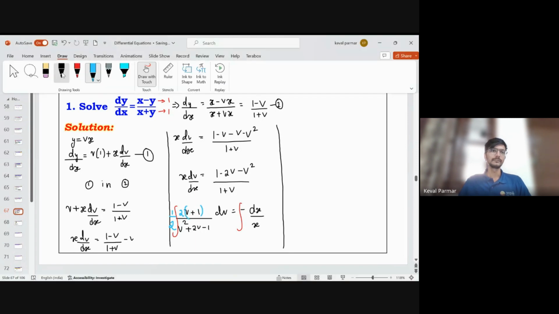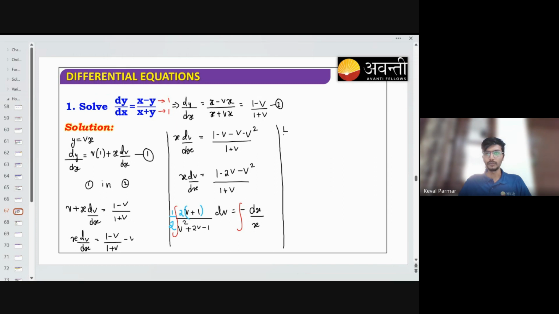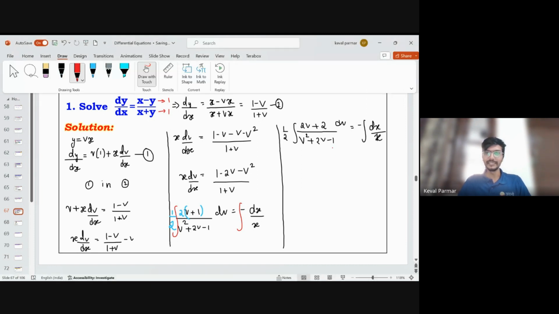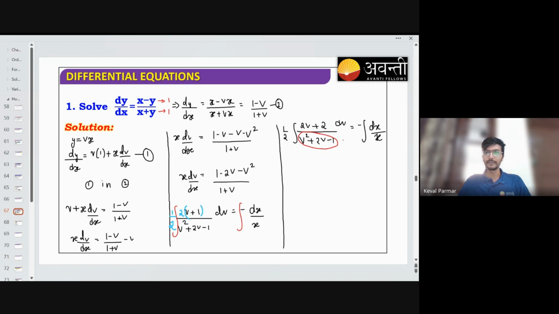So what I'll get is 1 by 2 integration of 2v plus 2 upon v square plus 2v minus 1 dv is equals to minus integration of dx over x.